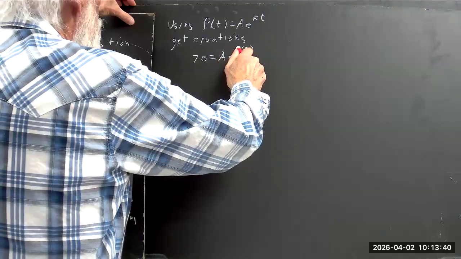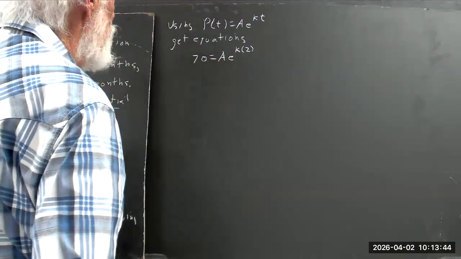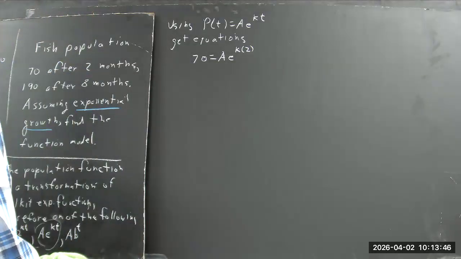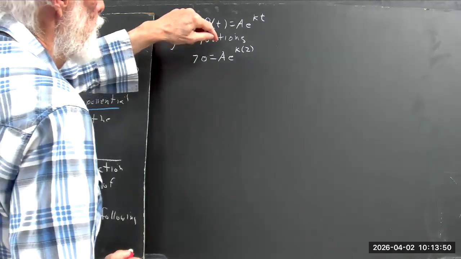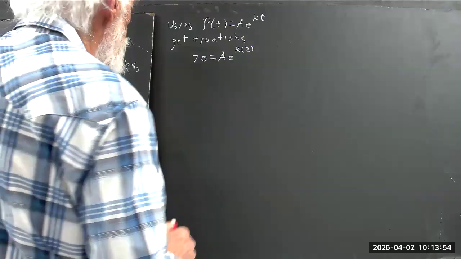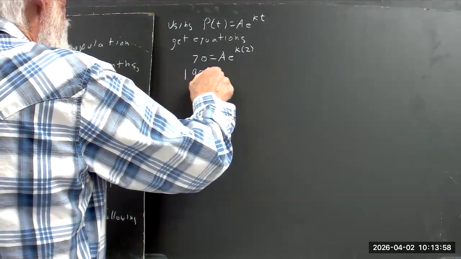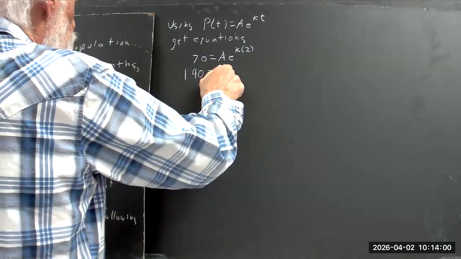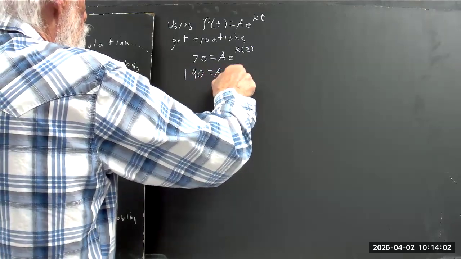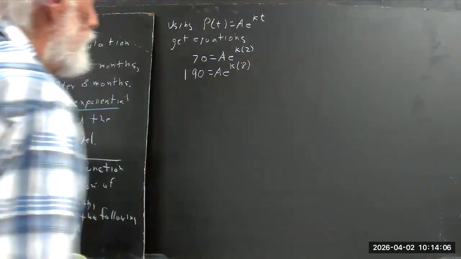So we have the equation 70, which is the value of p, equals A e to the k times the value of t, which is 2. And then we have the p value 190 when t is 8.